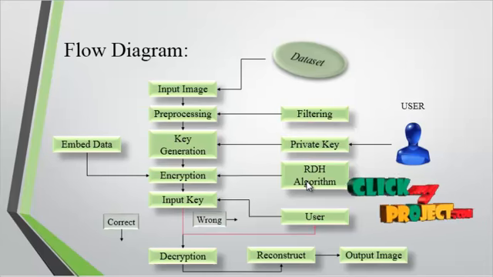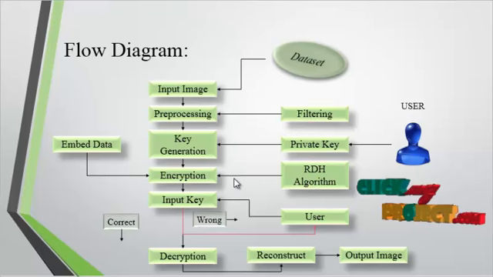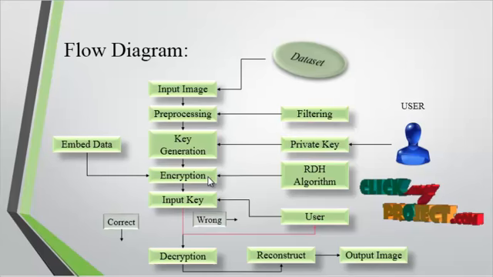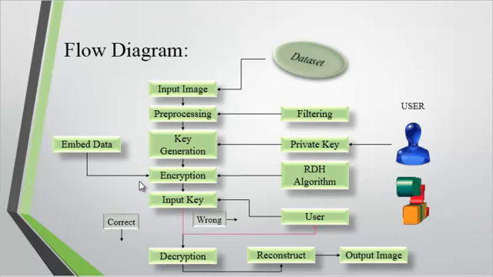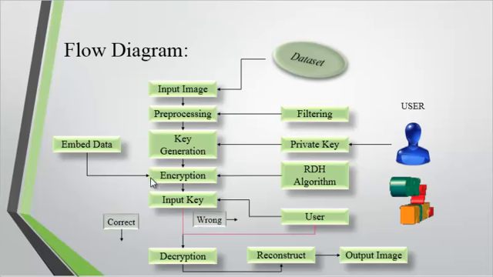Then after locating the key in the image, the RDH algorithm is applied to encrypt the image. After the encryption, embedding of the data into the image is carried out. Embedding is the process of embedding the text file into the image.